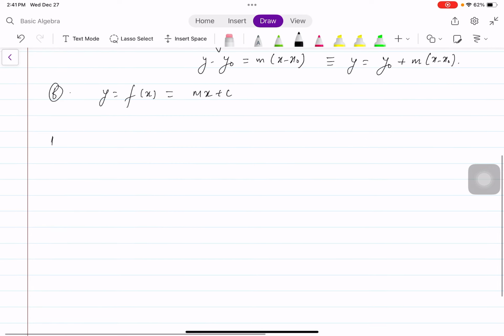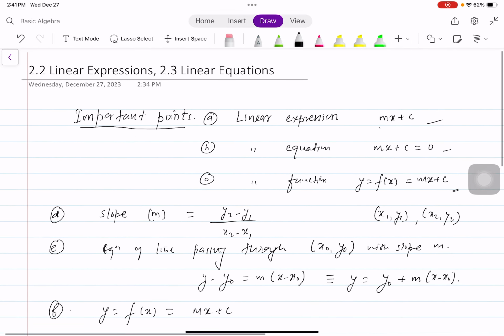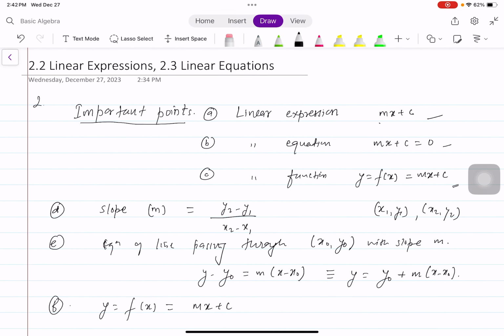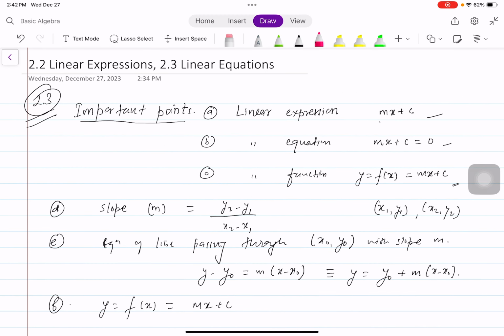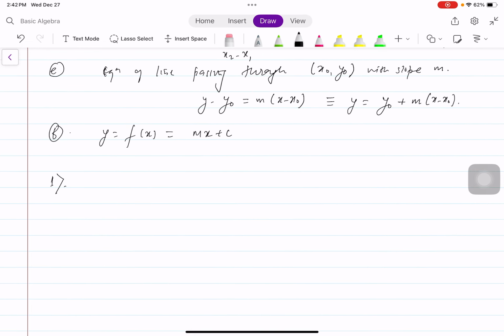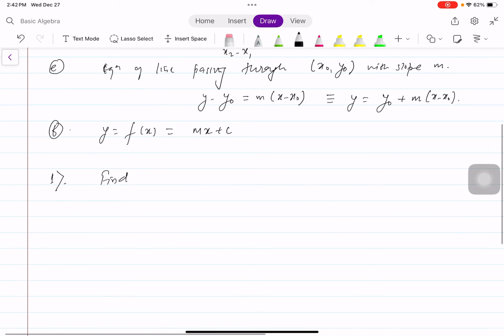Problem number 1. This is section 2.2. Sorry, 2.2. Number 1, find the slopes of the following points. Very easy, difference in y coordinate and difference in x coordinate. So always write the formula first. y2 minus y1 over x2 minus x1.